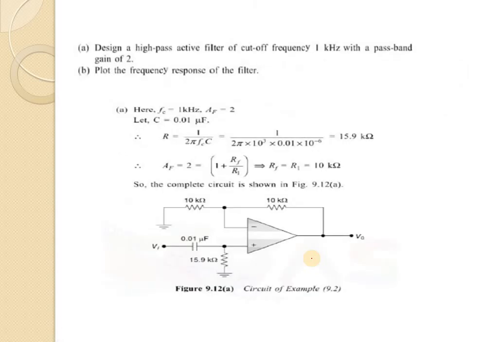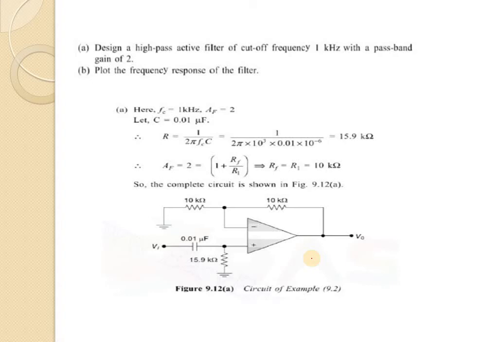So let us consider a problem with respect to high pass filter. Design a high pass active filter of cutoff frequency 1 kHz with a pass band gain of 2. Then plot the frequency response of the filter. So here the cutoff frequency is given, that is 1 kHz, and the pass band gain is 2.